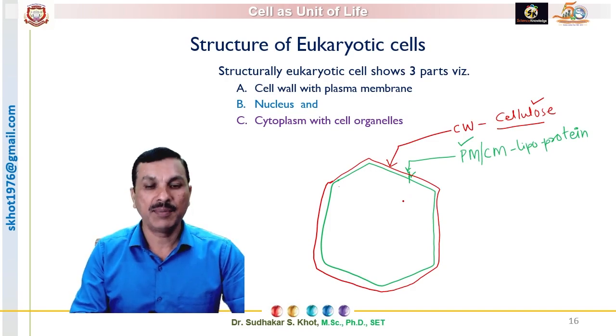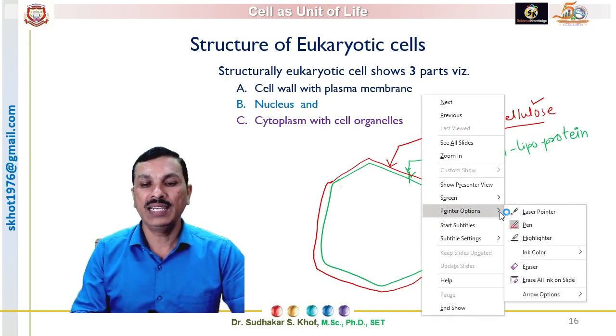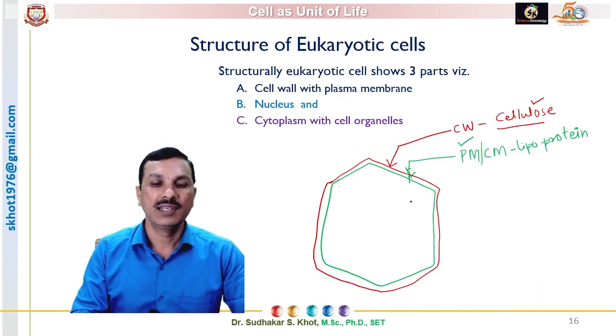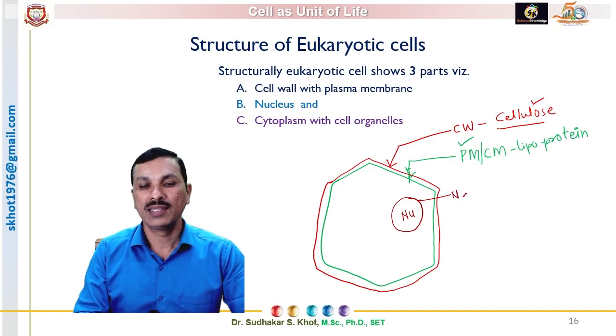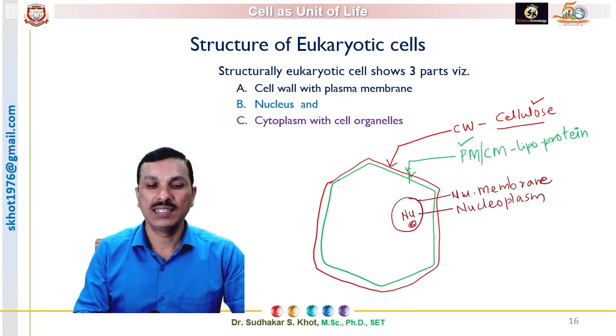Now, inside this plasma membrane, we can find various cell organelles, and the largest cell organelle is the nucleus. So, I have drawn the nucleus here. The nucleus has a nuclear membrane, which is again made up of lipids and protein. The nuclear membrane encloses the nucleoplasm, the nucleolus, a darkly stained body, and the chromatin material.